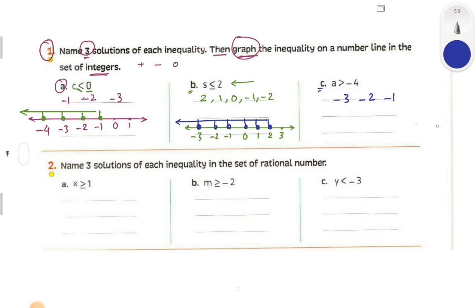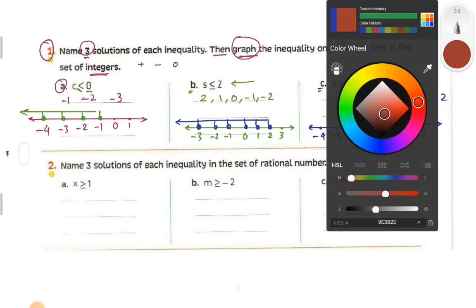Now to graph it on the number line, it's not all negative, it will be 0, 1, 2, and so on. So maybe start with negative 4, negative 3, negative 2, negative 1, 0, 1, 2, 3, and so on.